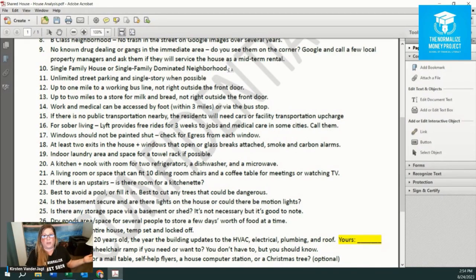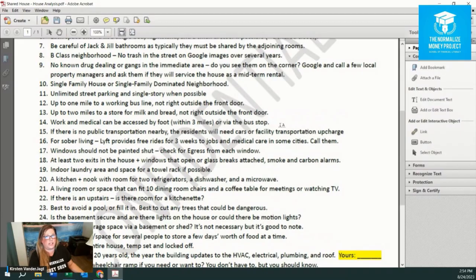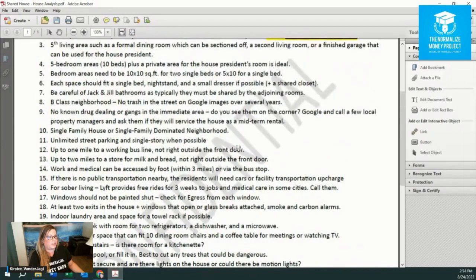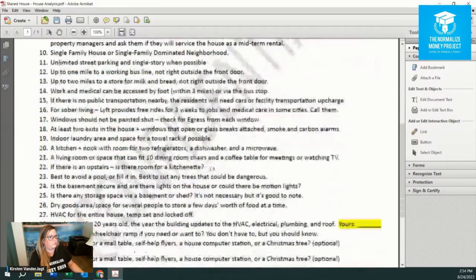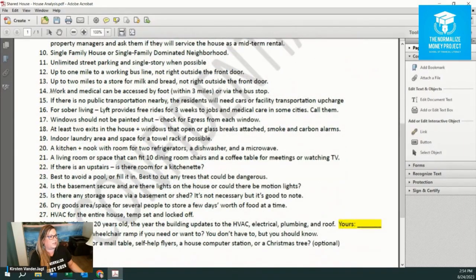It could just be a large family living there. No big deal. But you don't want a whole bunch of teenagers running around and breaking windows, right? Which would also happen in certain neighborhoods regardless. All right, just trying to save you on insurance claims here and some other things.